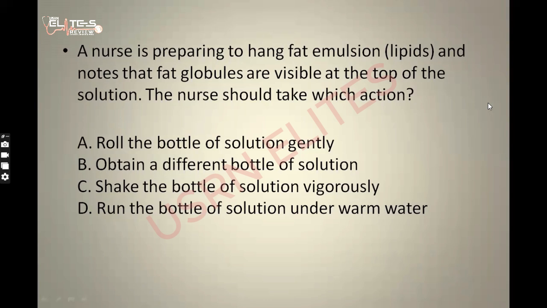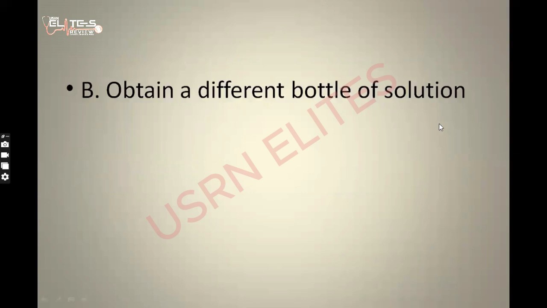So you obtain a new one. I would put it in warm water so that it will dissolve the precipitate on top of it, so that you can give it smoothly, because it's a lipid.